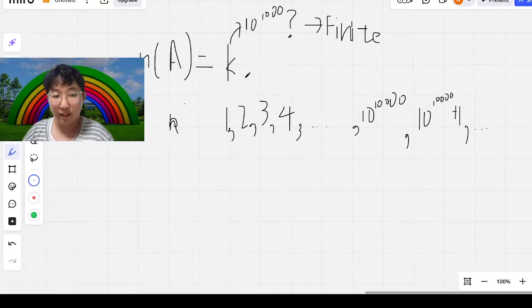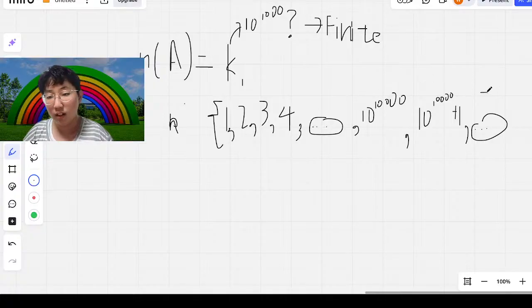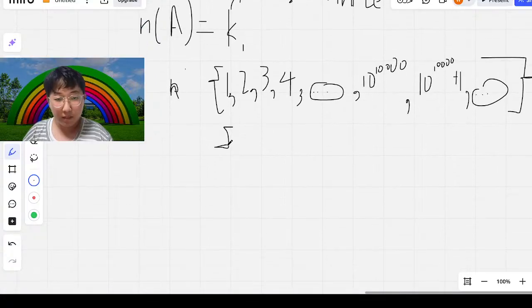Usually an infinite set has this ellipsis, which shows that there is an infinite amount of numbers. Or it will be written as n, where n is a natural number.